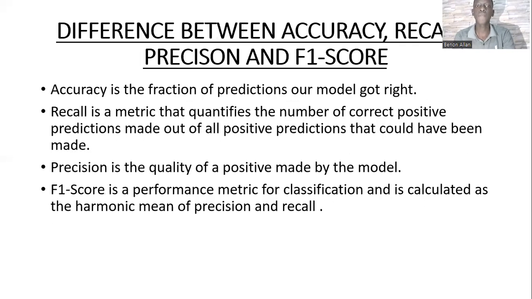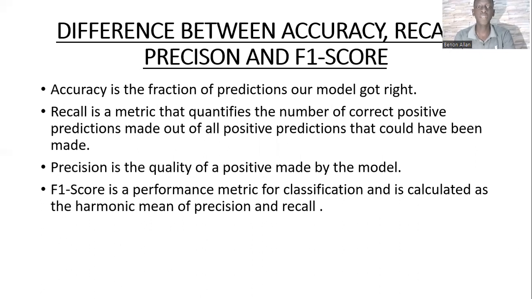Now I'm going to define a few concepts that we may need to know as we go through this model. First, accuracy, because accuracy is how we'll assess if our model is doing the right thing. Accuracy is the fraction of predictions our model gets right, because we have to keep training our model and find out if it's doing the right thing.